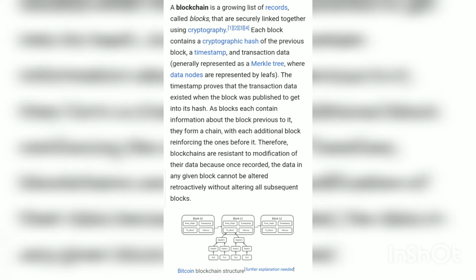So we have to see a picture to represent the blockchain technology. The previous hash, the timestamp, the TX root, and the nonce.